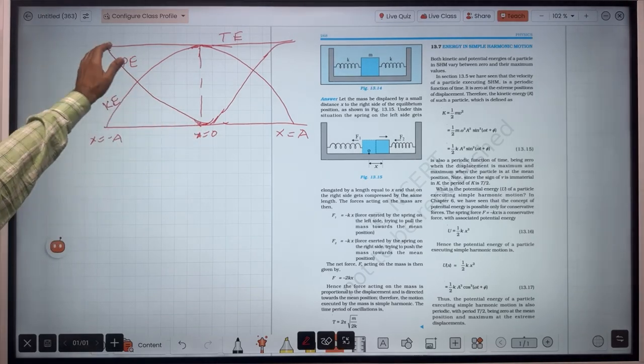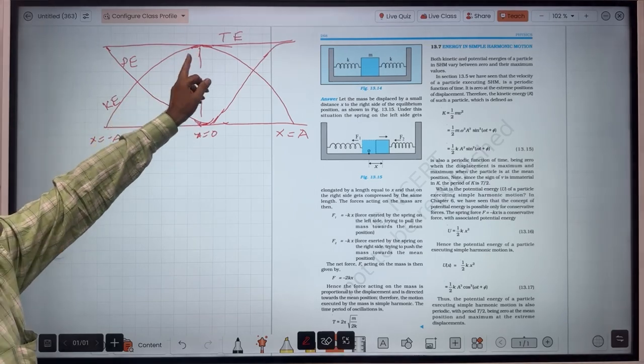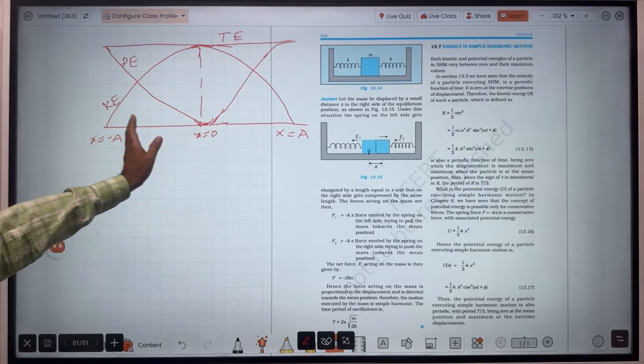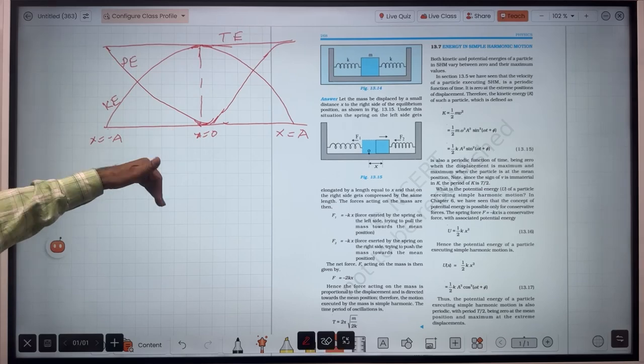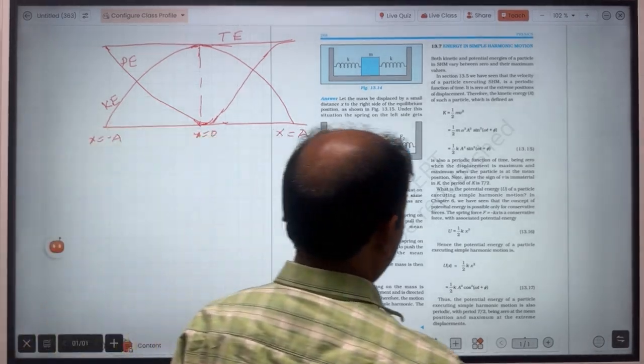At the mean position, P becomes 0, then KE will become maximum, and at the extremities what you observe is that P is maximum and K is minimum, right? So total energy in each case remains conserved or constant.